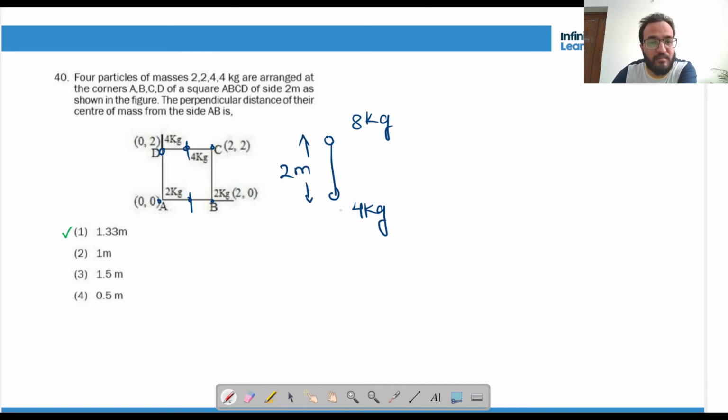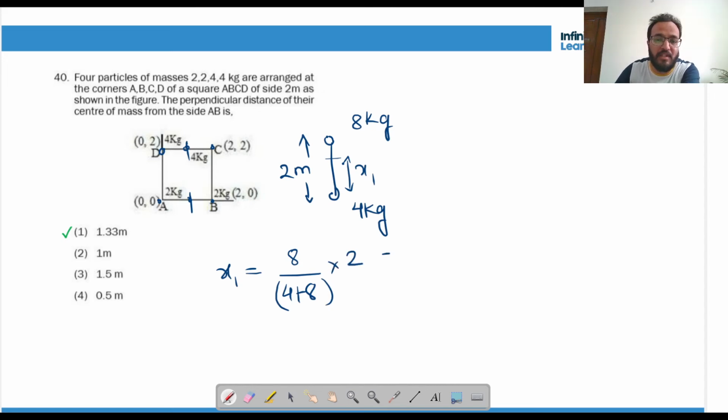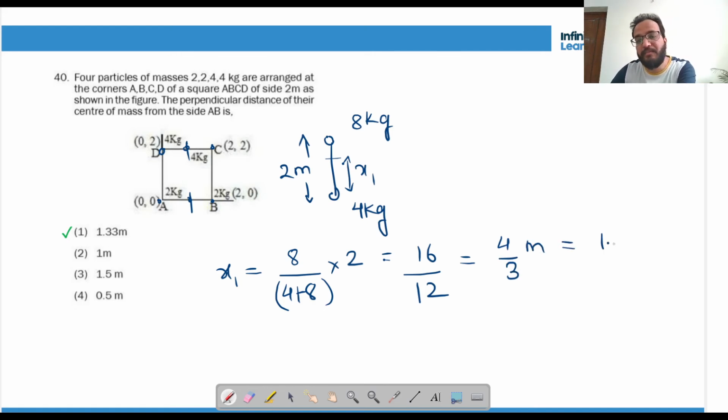So where is the center of mass? So you will say, sir, let's say center of mass is here. So what is x1? x1 is again 8 upon 4 plus 8 into total distance. So 16 upon 12, 4 by 3 meters, that is 1.33 meters. Got it?